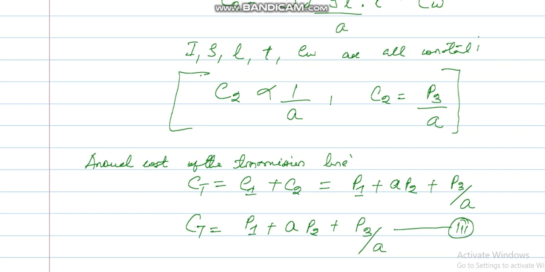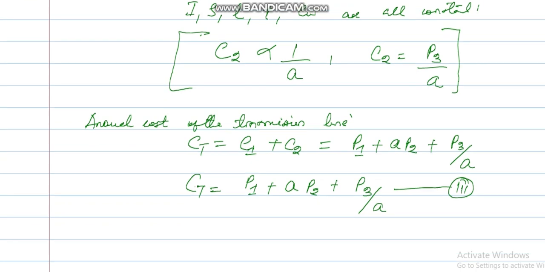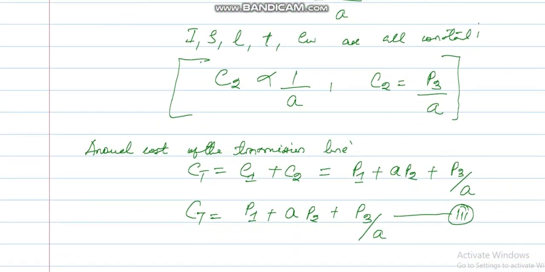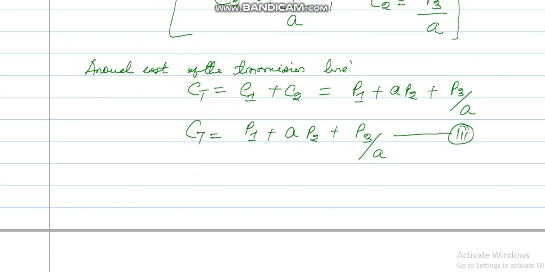Now to optimize sasa tutafute the minimum value of this function. Tunajua kabisa kutafuta the minimum value of this function lazima tufanye differentiation, ile derivative, plus derivative to equate equal to 0. Kwa hiyo tuna C total equals P1 plus A P2 plus P3 divided by A. Variable yetu hapa, variable is A. Sio.